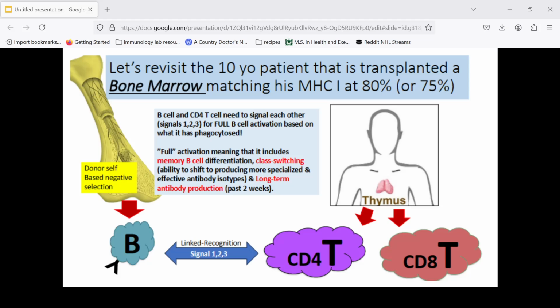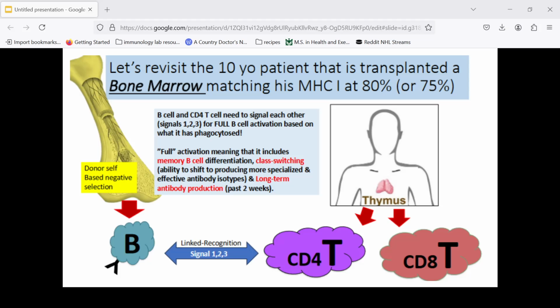Because the graft here is the immune system. The immune system is what we are transplanting. The bone marrow is the actual physical thing being transplanted, but because that's the source, essentially, of our immune system, that's what we're transplanting. That's the graft. Does that make sense? Do we feel good about that? Okay.